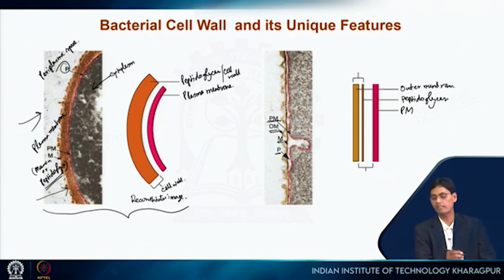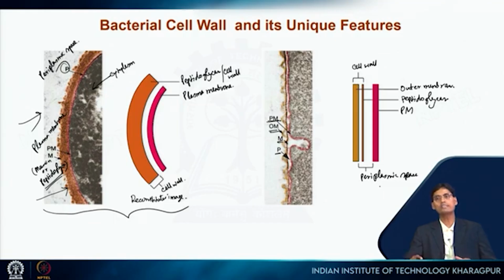On the left side, whatever I am showing, the outer membrane is not there. And together, this outer membrane and peptidoglycan, we say this is the cell wall, and here periplasmic space. So now, these two different types of cell wall, you can see its organization.